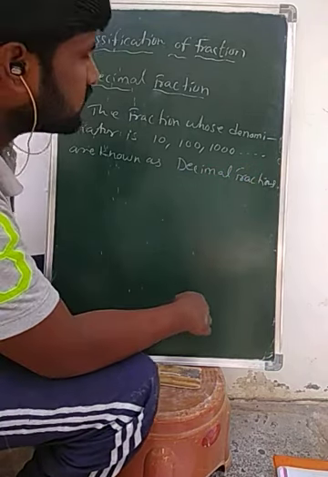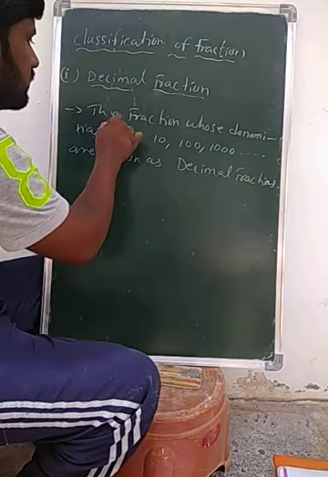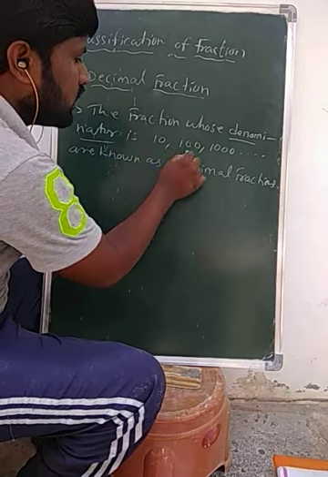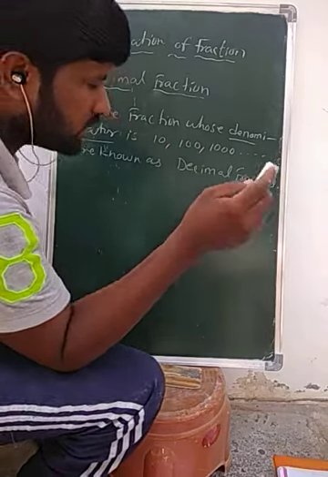Okay, students, clearly the denominator of a fraction is 10, 100, 1000, means a power of 10.